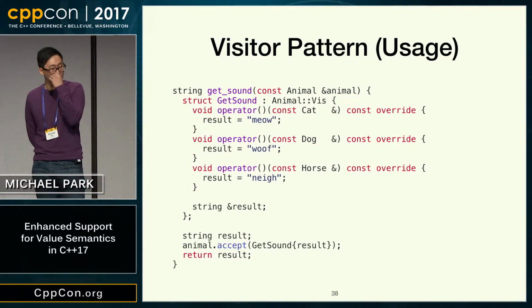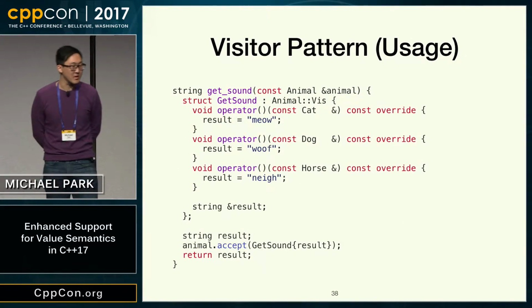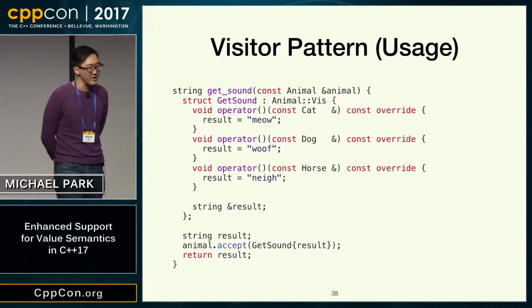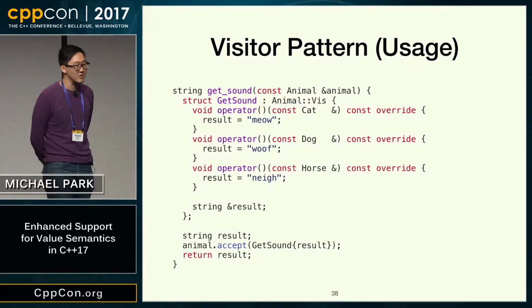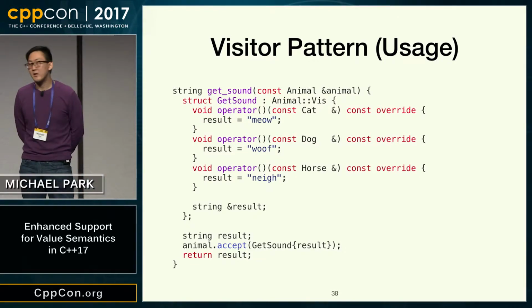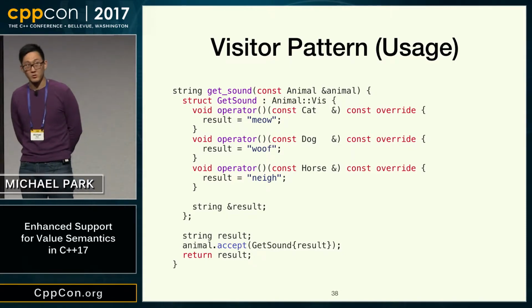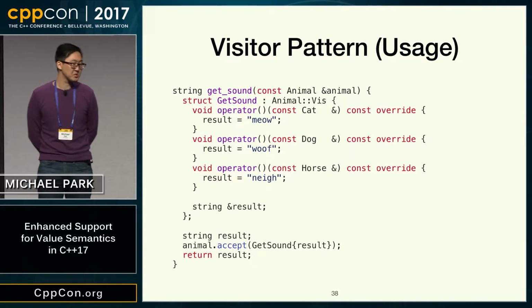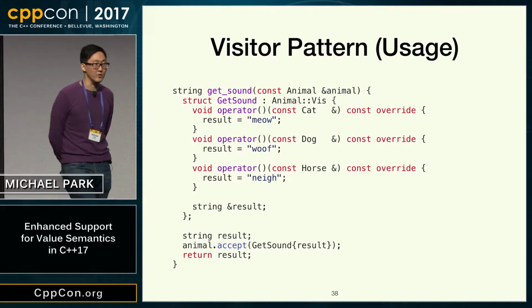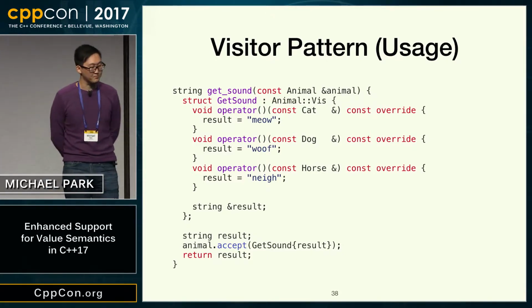And then the usage with getSound would look like this, where we define a getSound visitor which inherits from the base visitor, and now we can't actually return the result directly because the visitor can't return results directly, so we have to have this intermediate result that we propagate the result out to.